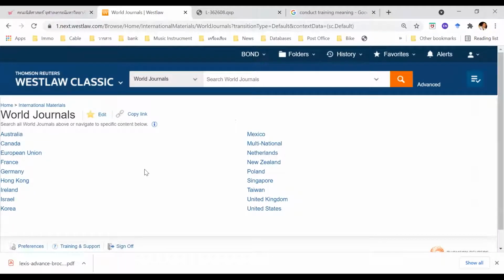This brings you into World Journals. They show you the list of countries that provide the journals. You can check how many journals are published in or owned by Australia, Canada. When you click on Australia, it shows how many journals are under Australia, and click Canada, how many journals.